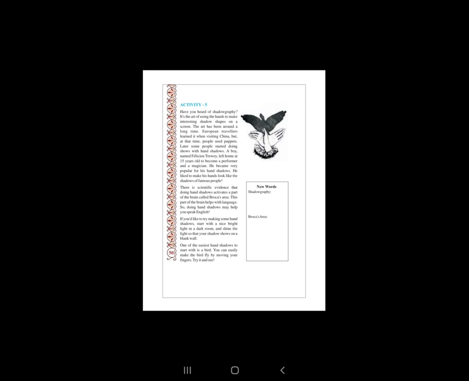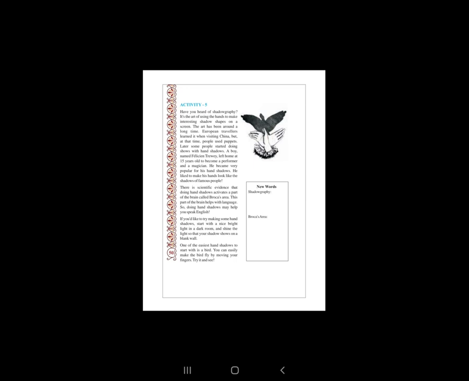Then second question, how can you start making hand shadows? The answer will be: we can start making hand shadows with a nice bright light in a dark room and shine the light so that our shadows show on a blank wall.